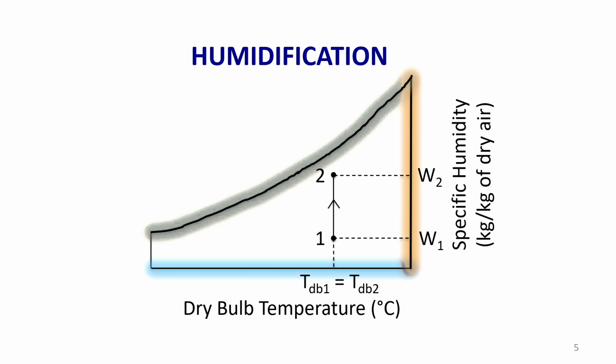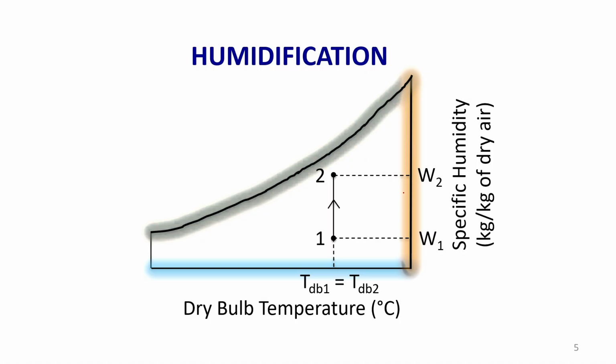In sensible heating, the dry bulb temperature at point 2 is greater than the dry bulb temperature at point 1, while W remains constant. Here the dry bulb temperature remains constant, whereas W2 is greater than W1.